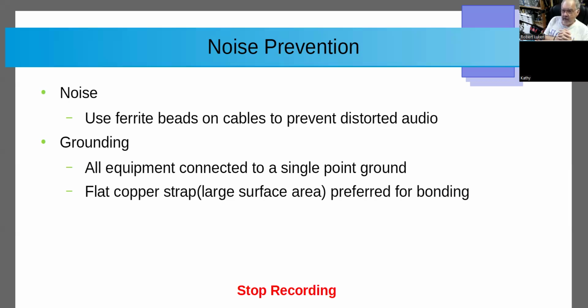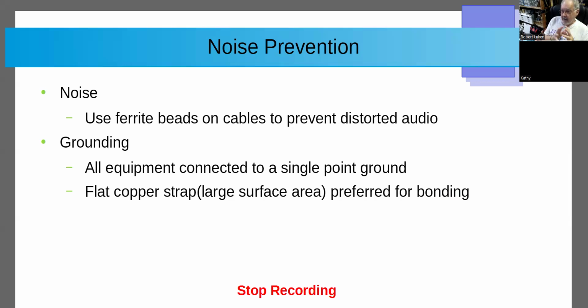Grounding is another big thing. You want to make sure that you connect all of your equipment together to a single point ground. You don't want to connect things together in a daisy chain. You want to connect each one individually to a single point ground.